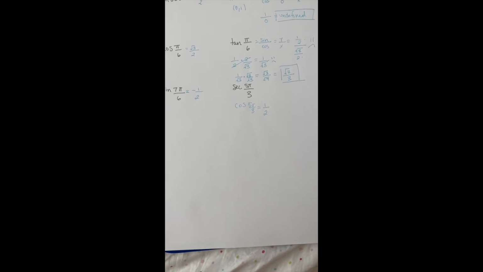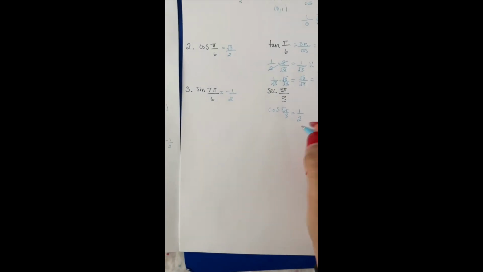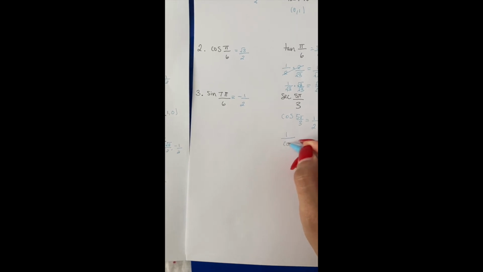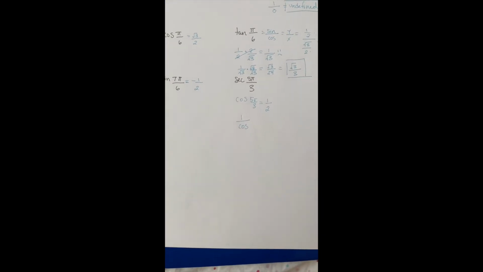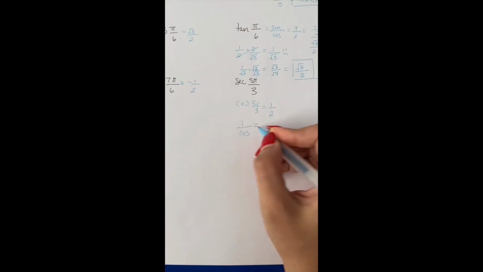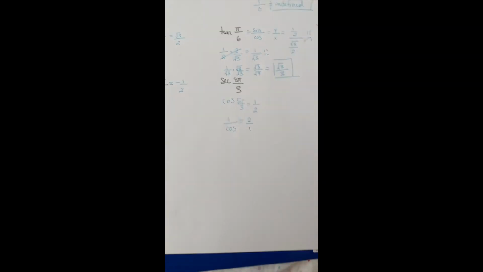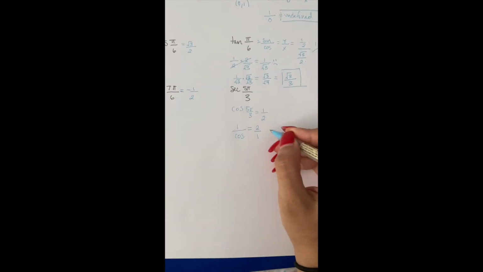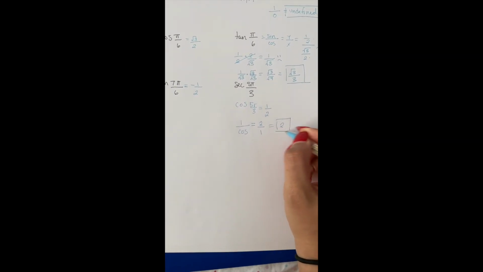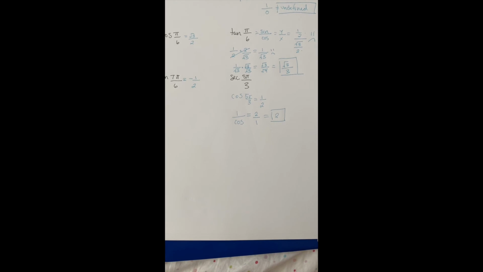But we don't want cosine, we want secant. So we want to find what 1 over cosine would be. Therefore, we're looking for the reciprocal. Like I said earlier, reciprocal is just a flipped fraction. So it's 2 over 1. In other words, just 2. That is what secant of 5 pi over 3 is.